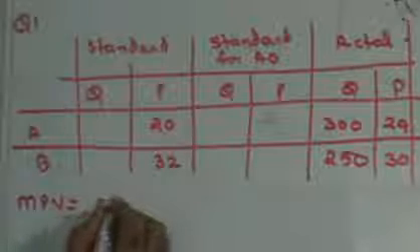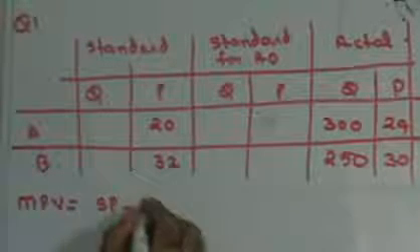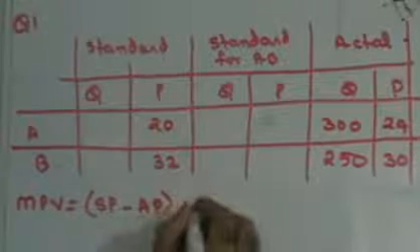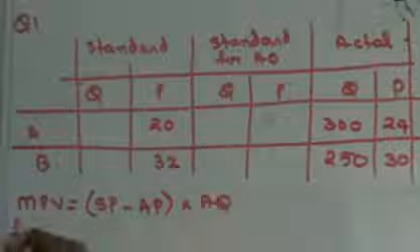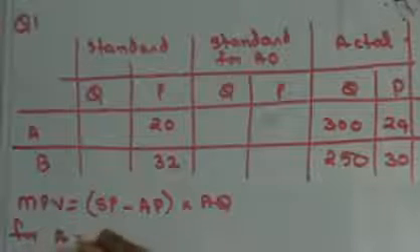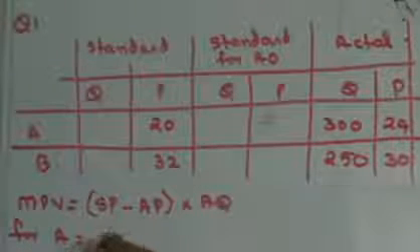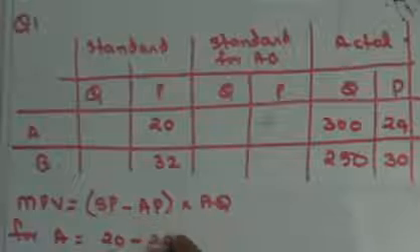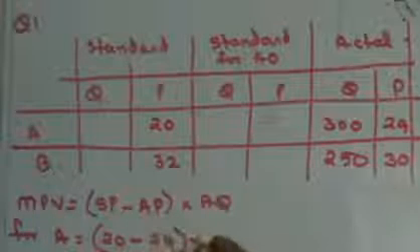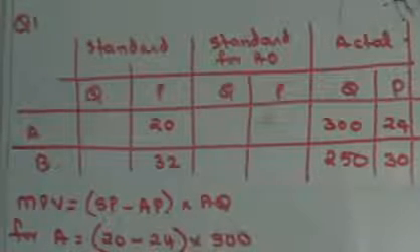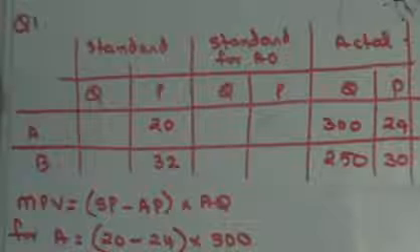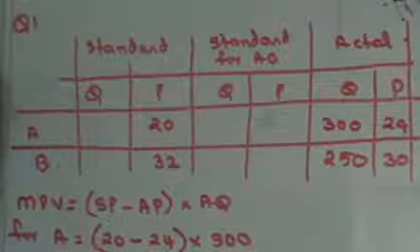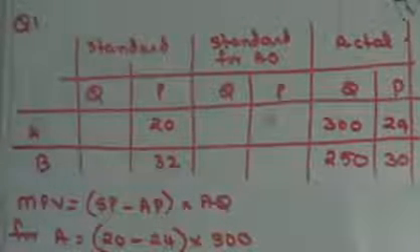Material price variance is standard price minus actual price into actual quantity. So for product A, standard price 20 minus actual price 24 into actual quantity 300. This is minus 4 into 300, which is minus 1200, but we don't write the answer in minus.